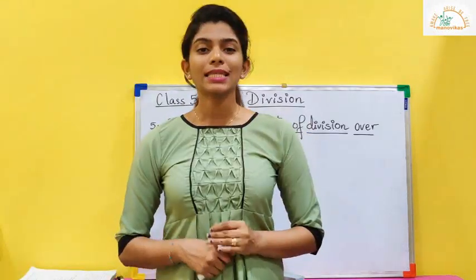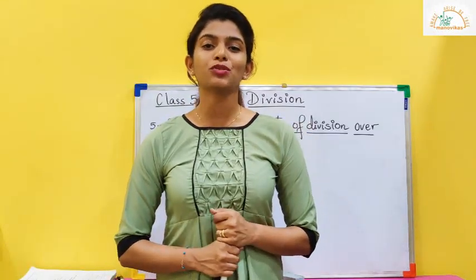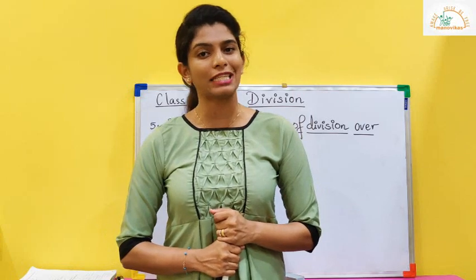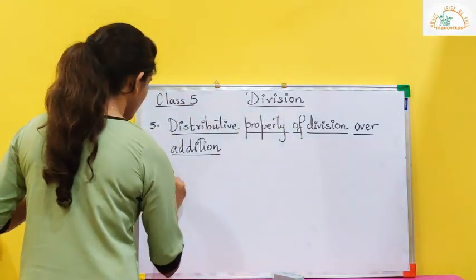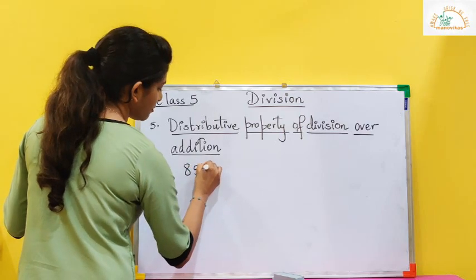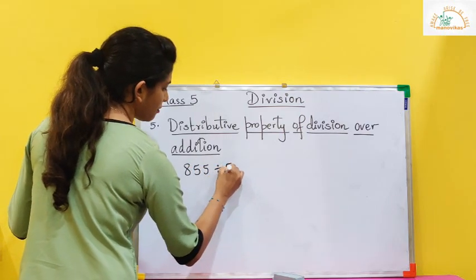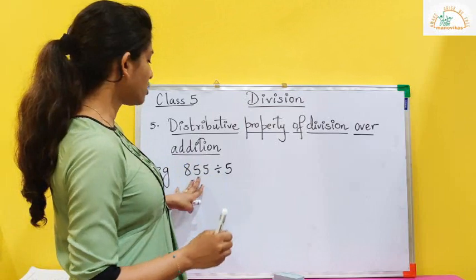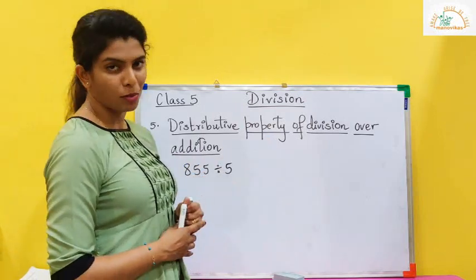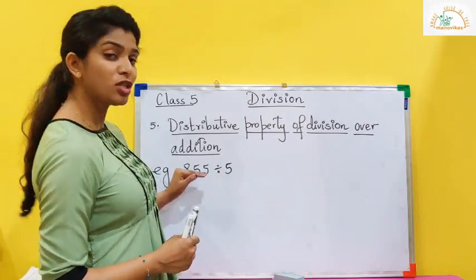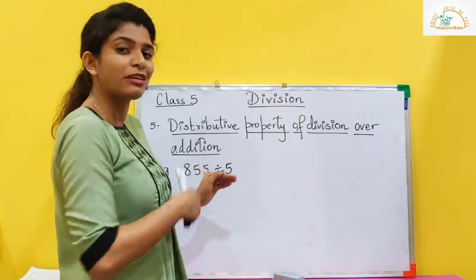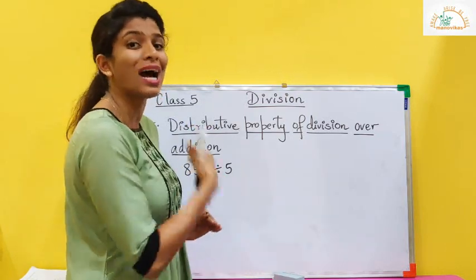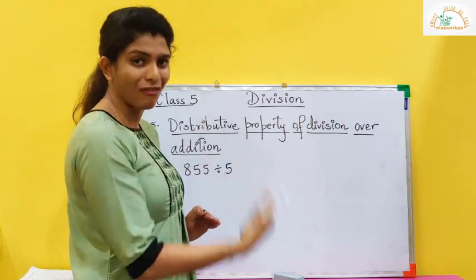Next. Now let's learn the fifth property, distributive property of division over addition. Let's take one example. 855 divided by 5. Students, we will solve this by using this property. First you have to split 855. You have to break 855 into its expanded form, into hundreds, tens and ones.